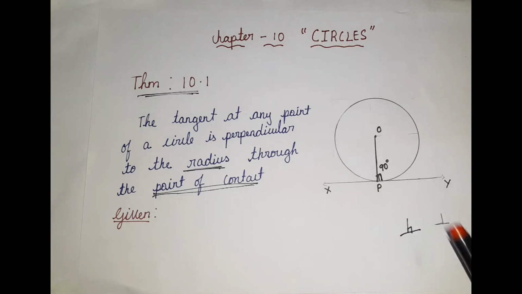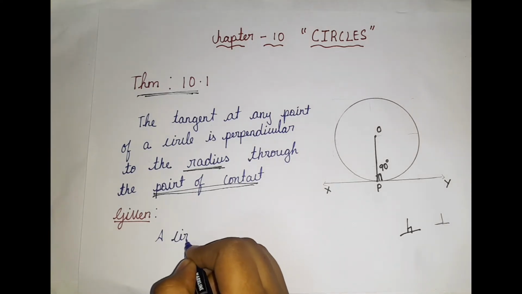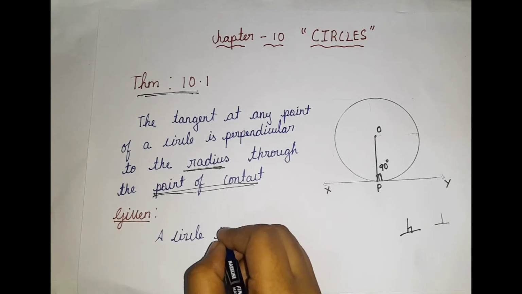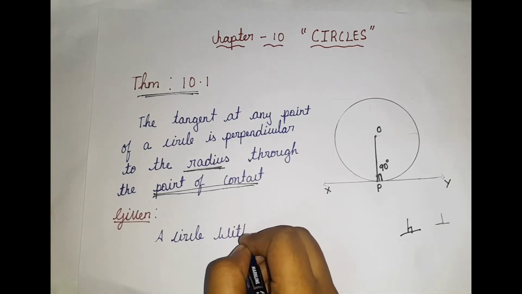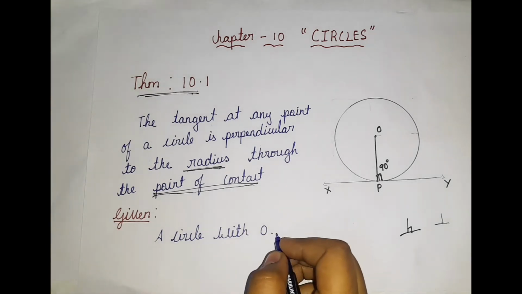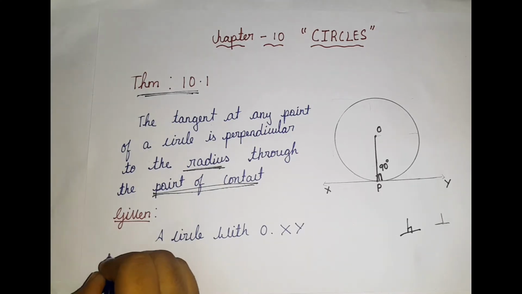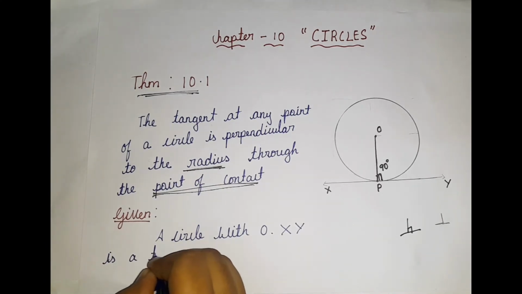First of all let me write it, then you will understand. We can write a circle with center O. The circle has a center, that is O. In this, XY is a tangent.